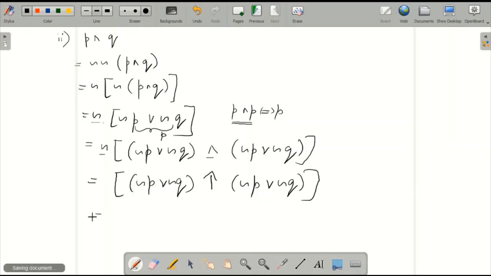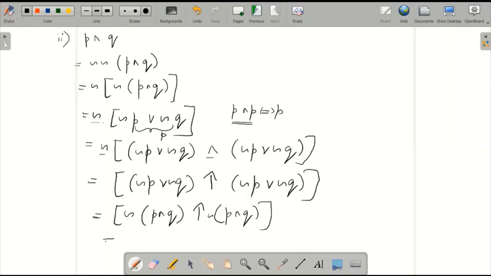Here this negation P or negation Q can also be written as negation of P and Q, and this we got, and again this I can write as P and Q. So just check here, what is this? NAND, and that is nothing but P and Q. Now you can compare the answer.